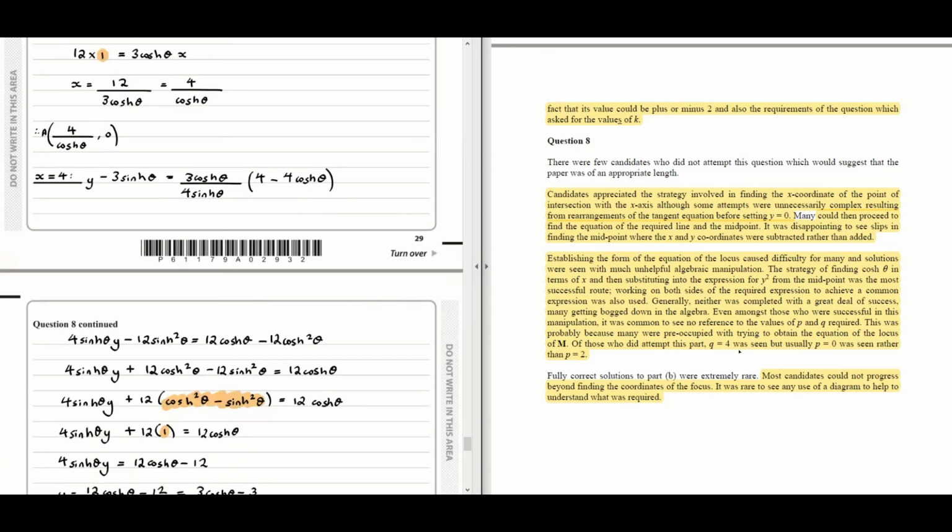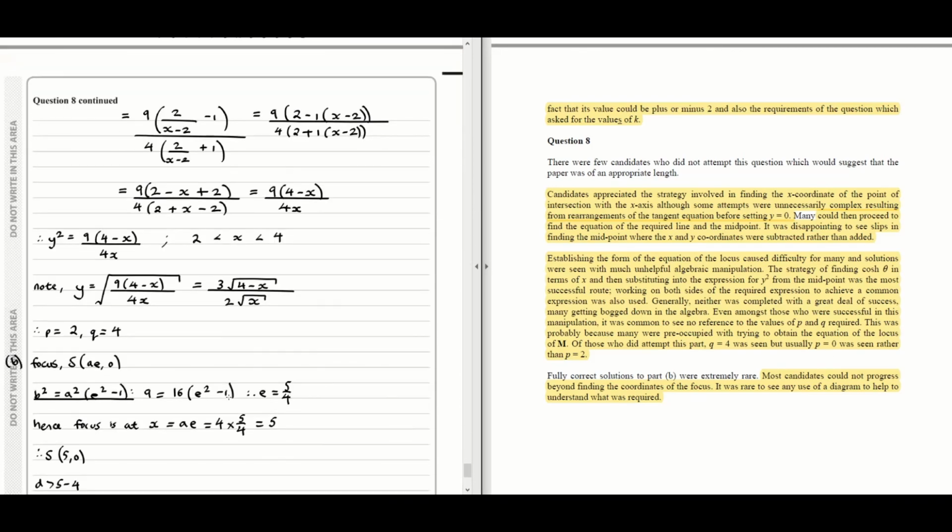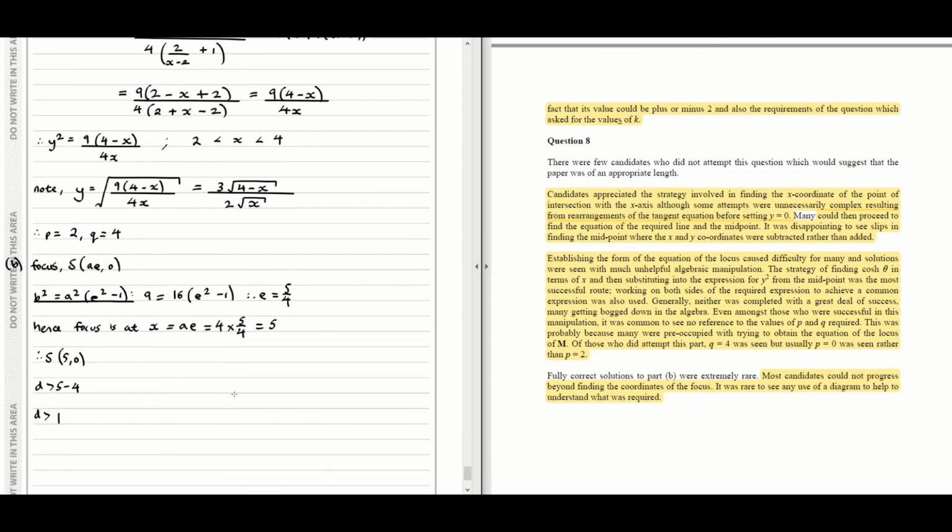Of those who did attempt, Q equals 4 was seen, but P equals 0 was seen rather than P equals 2. Part B was quite difficult. A lot of people could not get beyond this over here. I think if you drew a diagram, it would have made a bit more sense as to what was required.